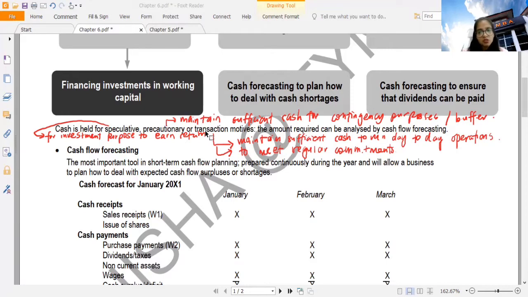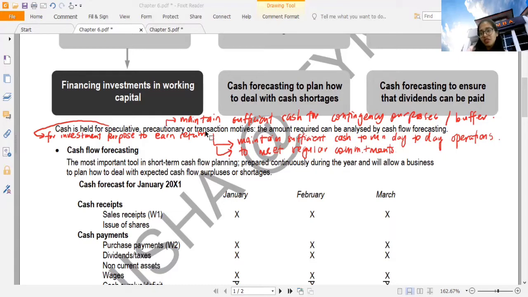So now I'm going to ask you whether you know how to draw out a cash flow forecast. How do you produce a cash flow forecast in the exam?